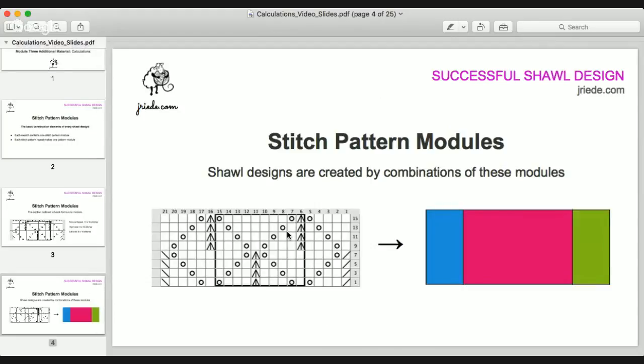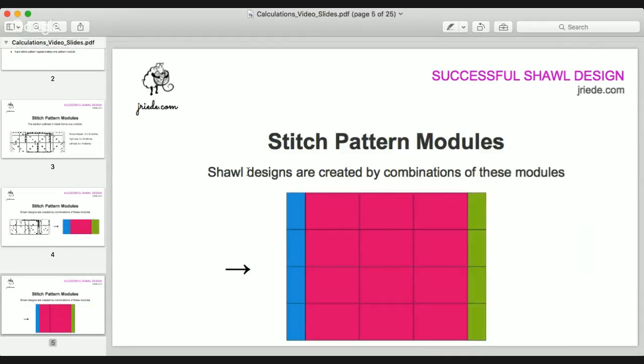So if we take our chart shown on the left and deconstruct it into the basic elements like we just talked about, this blue rectangle here is the left side part. The pink part is the repeat of this chart, this stitch pattern module of this chart, and the green section here is the right side part of this module.